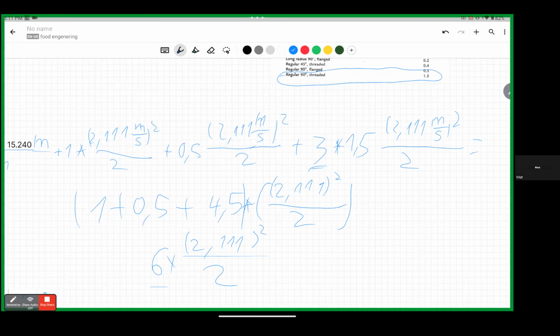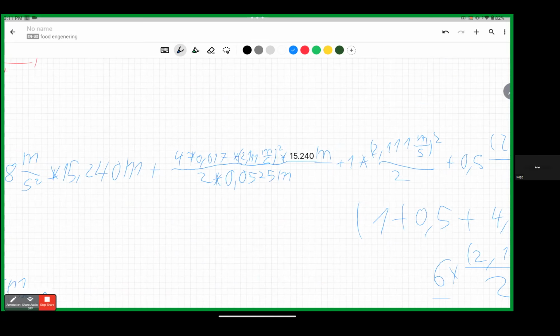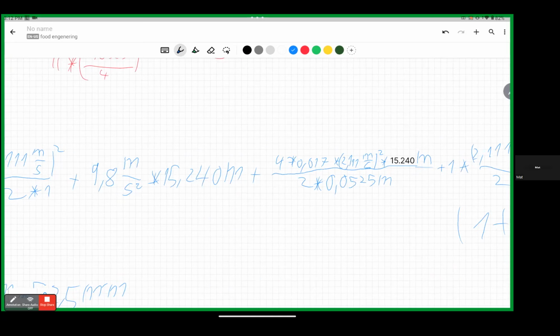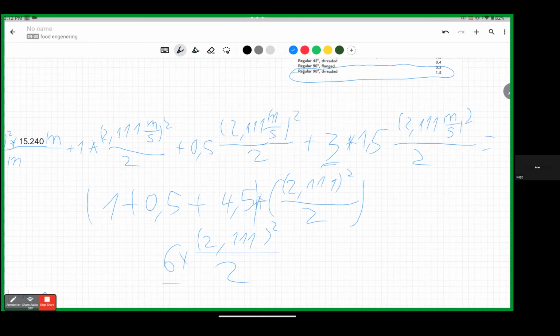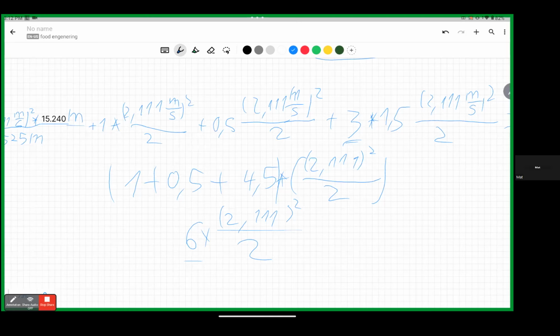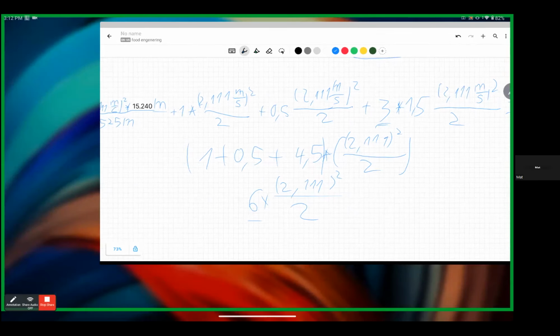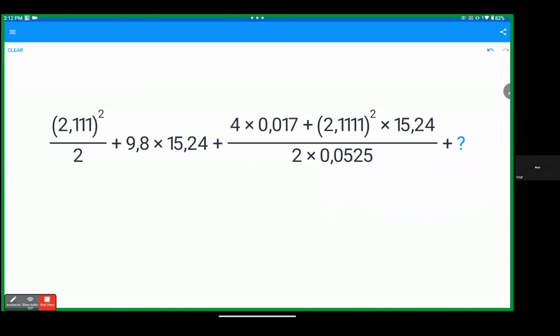In this case, we are cutting down the equation because we have 1, 2, 3, and 4 parts of the equation instead of 7. Let me take a photo for putting in the other app. One, two, three. Oh, I think we are missing one.